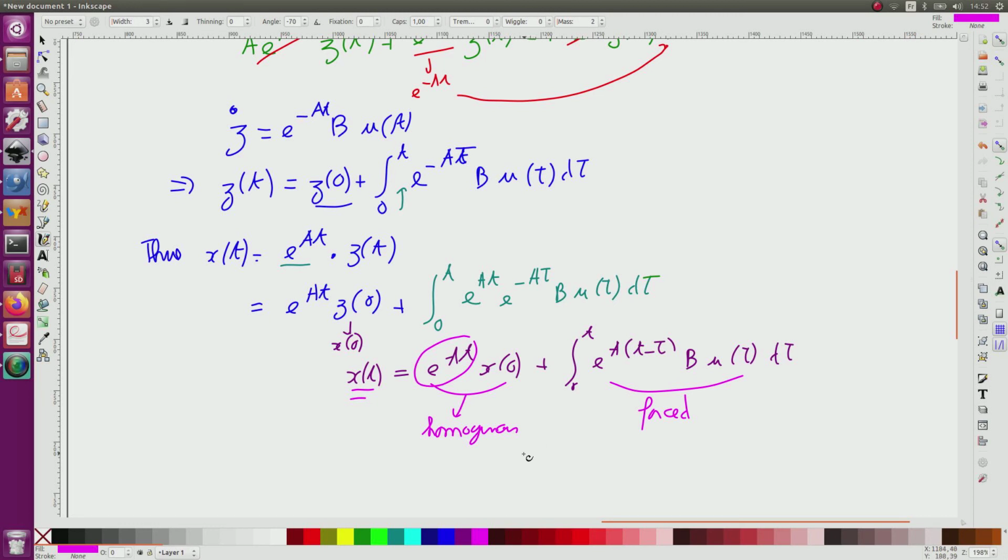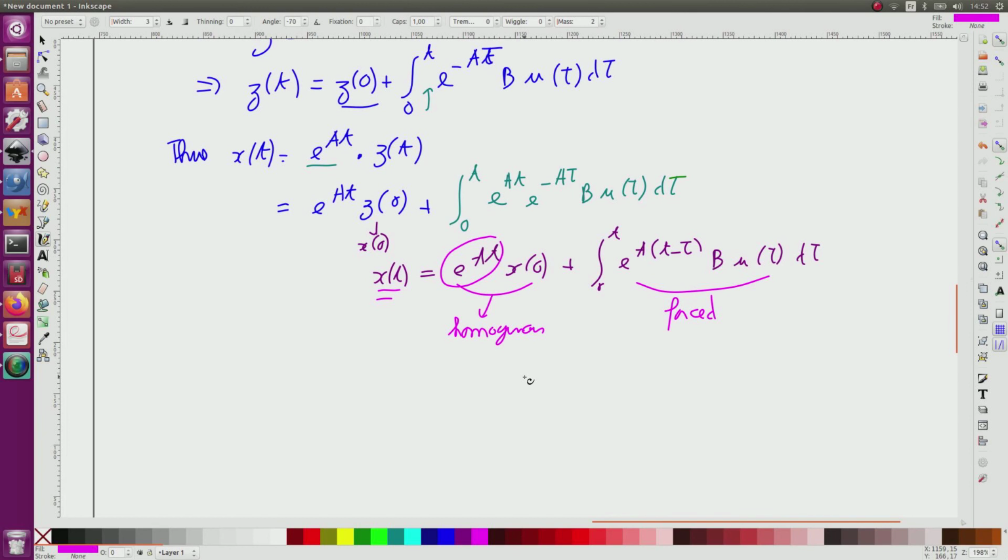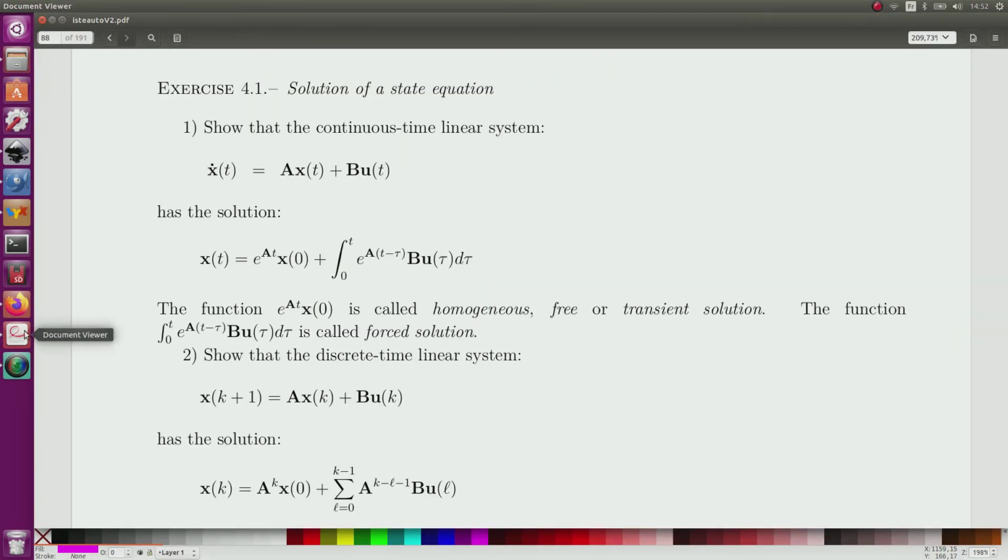Now I continue, and the second question here is to find, for the discrete time system, the solution in a similar way as I have done for the continuous case.